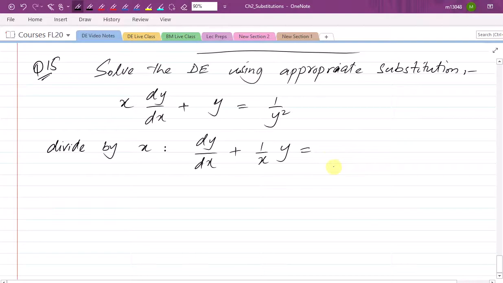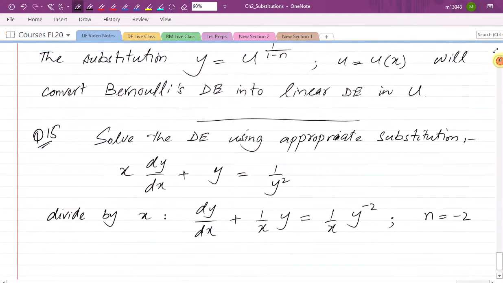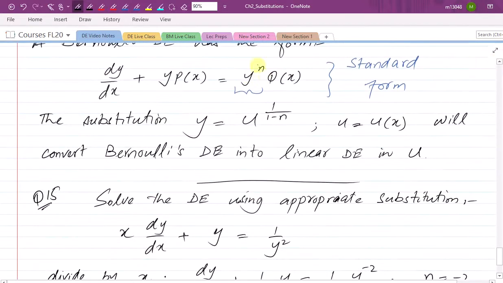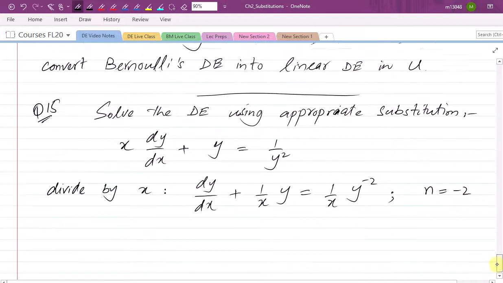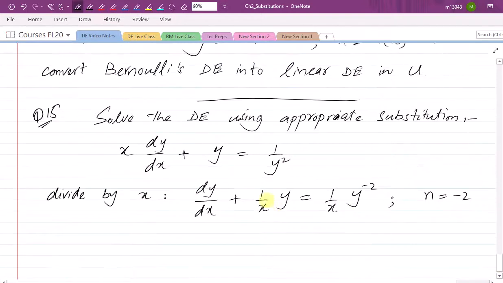I'll write this in the form (1/x) y^(-2), so that we can say that n equals -2 with comparison to our standard form. Okay? So y^n. So we have the form. Our p(x) is 1/x here.